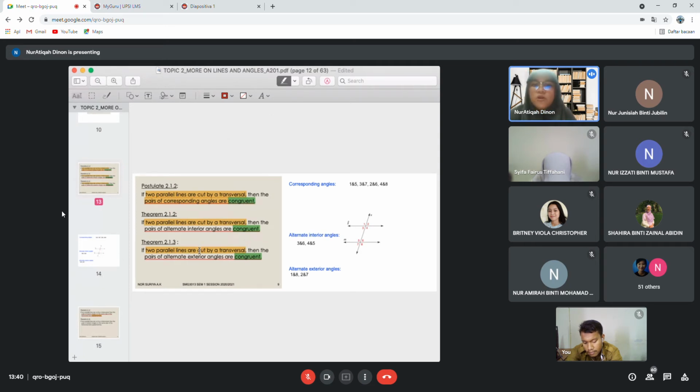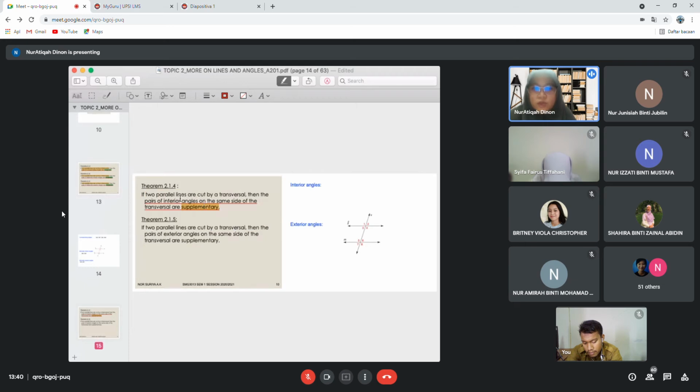The first one is about the interior angles and the second one is about the exterior, the pairs of exterior angles on the same side. As you can remember, interior and exterior angles do not come in pairs.